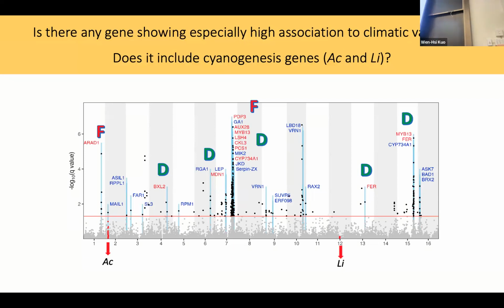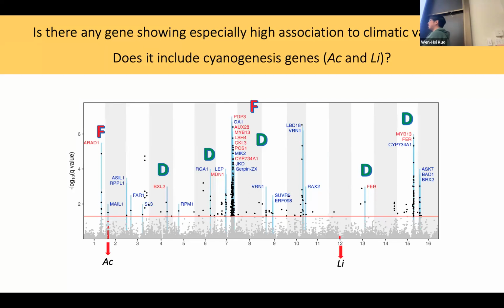So these are the genes, and the big F letter means it's flowering regulation related, and the D means it is developmental regulation related. So there are several genes related to those functions in the association outliers.